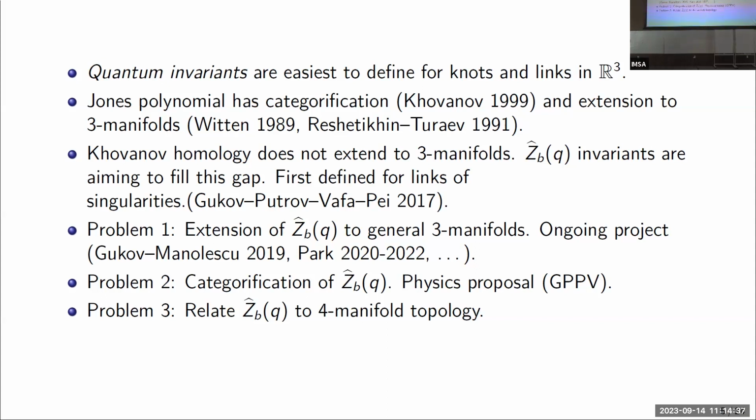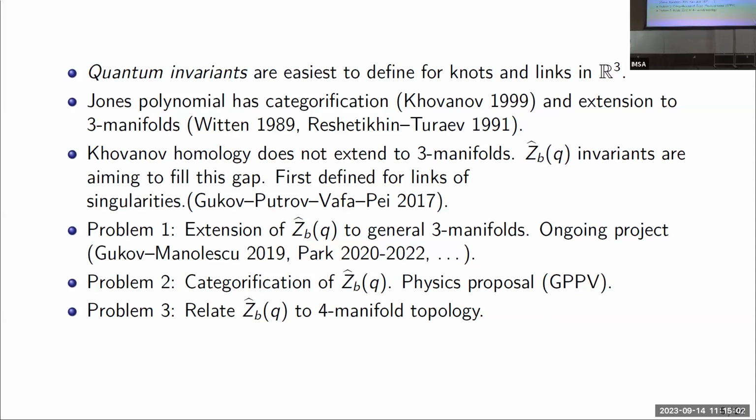One is that, as I said, these invariants are so far defined for these links of singularities. So this was the first class, and now the big question is how to extend them to general three manifolds. So maybe there is no extension, but there are physics expectations which tell us that there should be an invariant of a completely general three manifold.